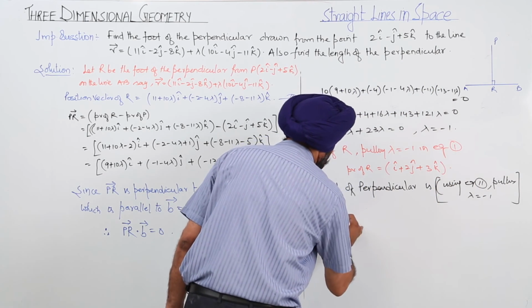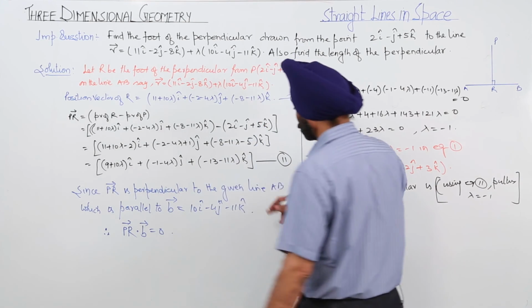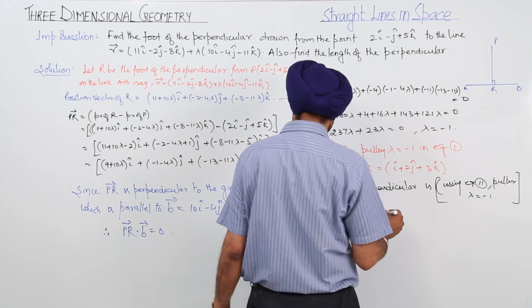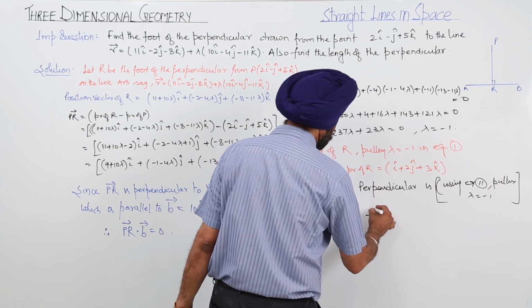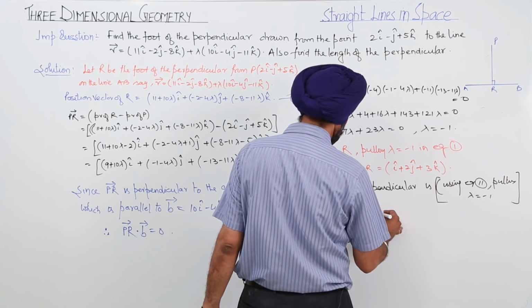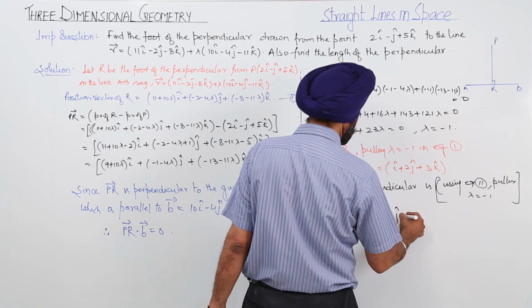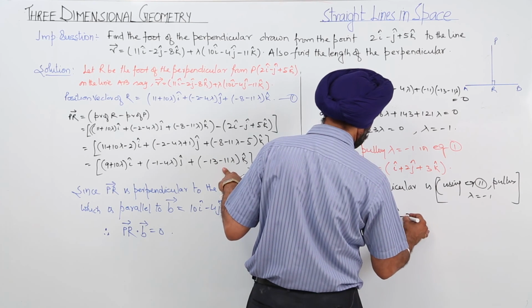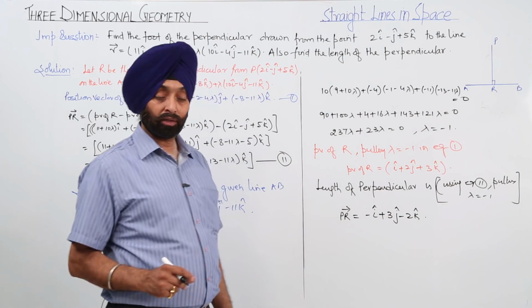So PR is equal to 9 minus 10, so minus i cap plus 3j cap minus 2k cap. So this is the vector PR.